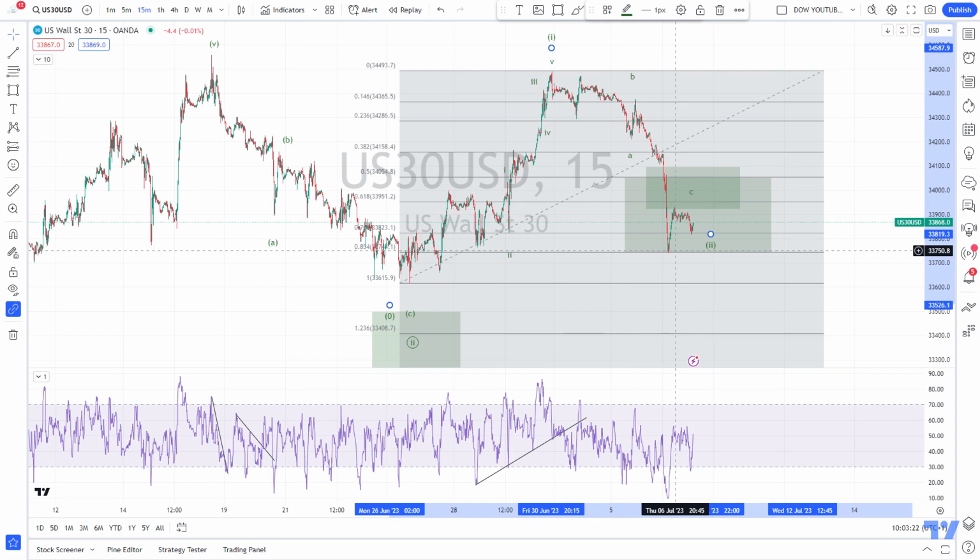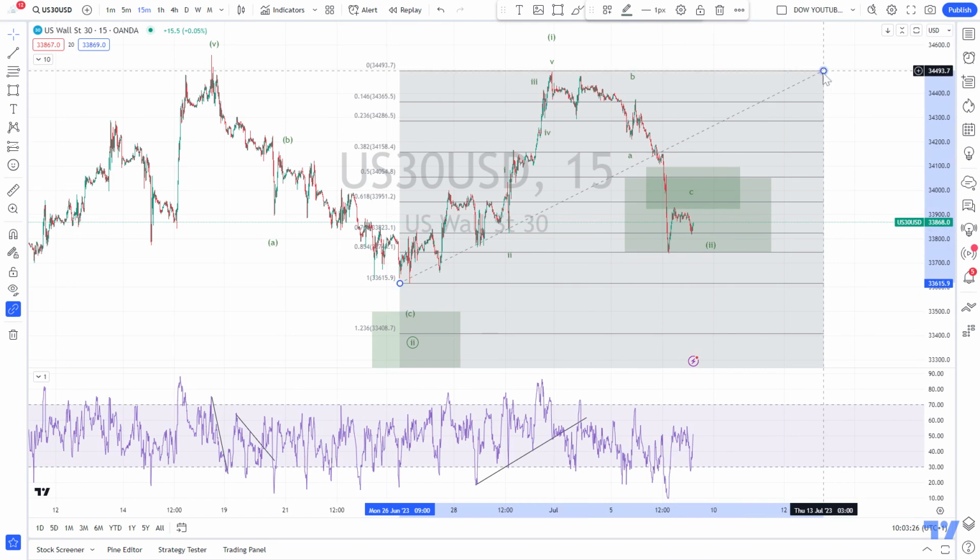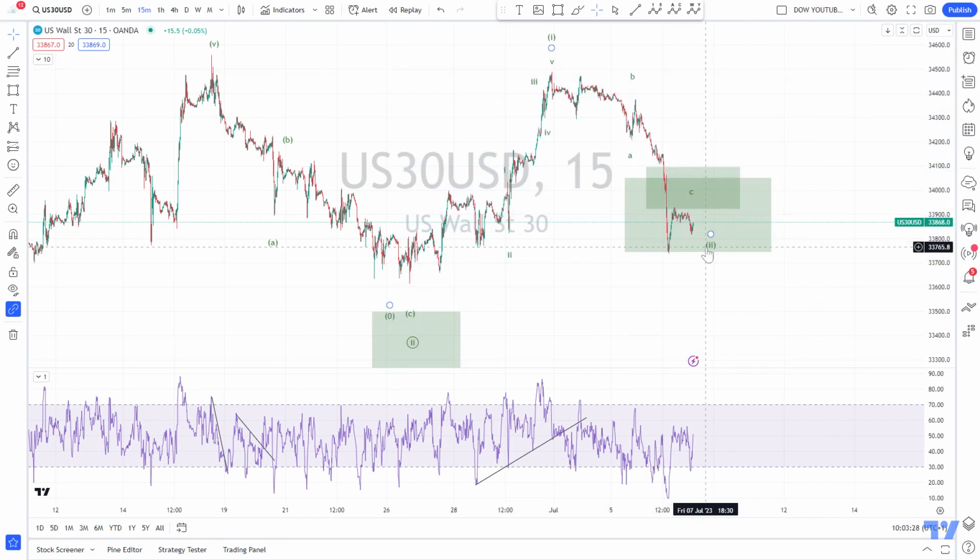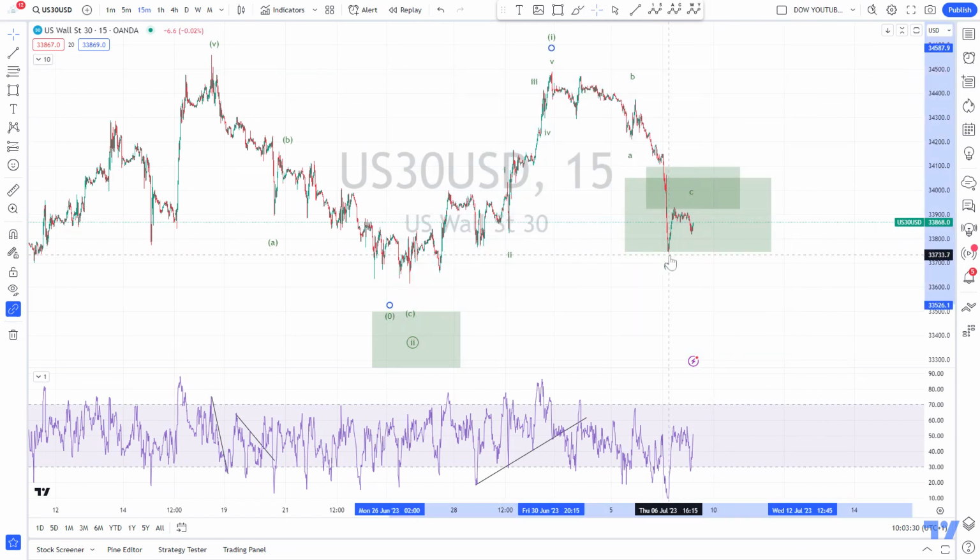So now there are 2 possibilities, I think, in the lower time frame. First is that our wave 2 is in here, and this would mean that you have a clear setup, I think. If you would go long here, this becomes your invalidation level.